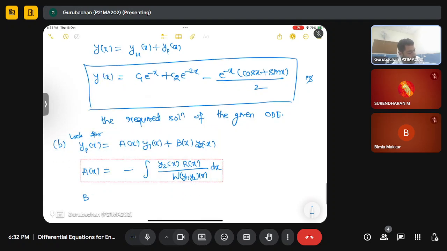In the same way, b(x) will be the integration of y1(x) r(x) divided by the Wronskian, y2(x) dx.